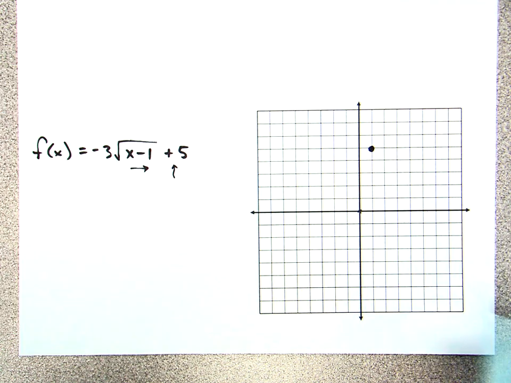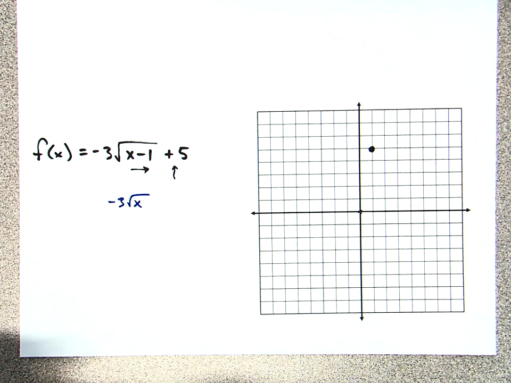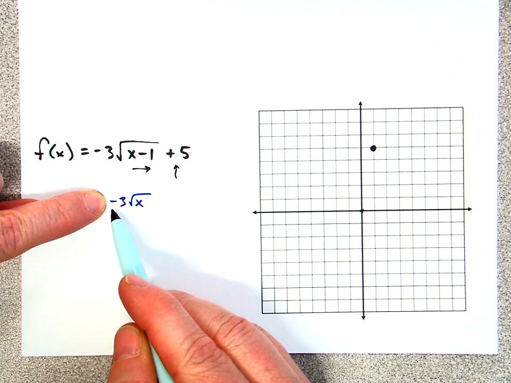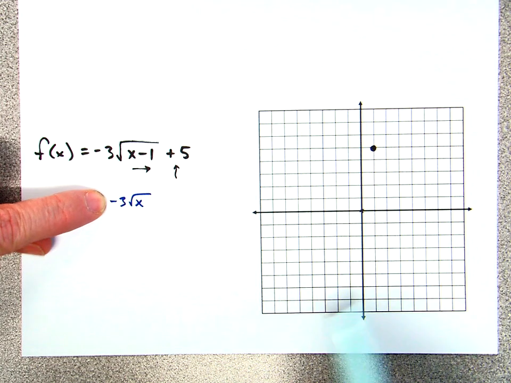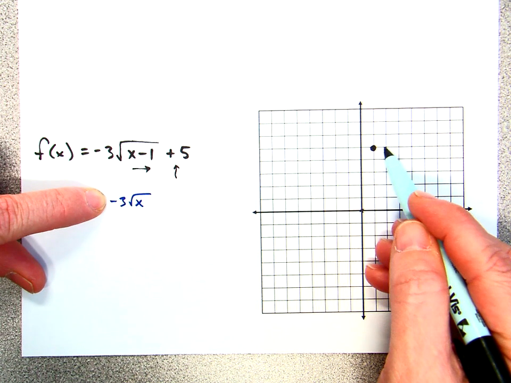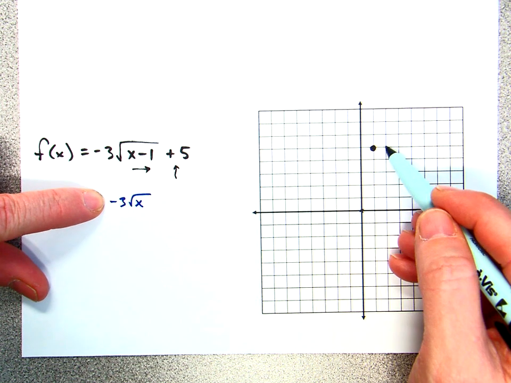Right? And then again, I can just deal with how my basic root gets affected by this -3. So again, I'm going to pick perfect roots. If I pick 1, square root of 1 is 1. 1 times -3 is -3 from here.